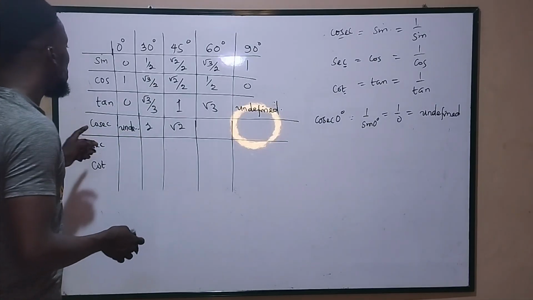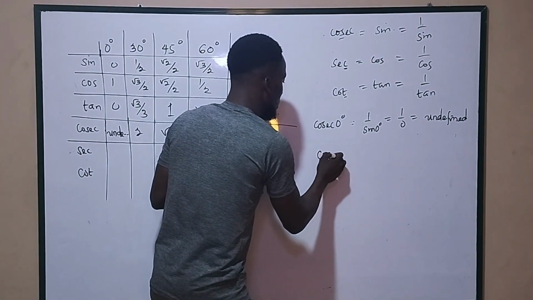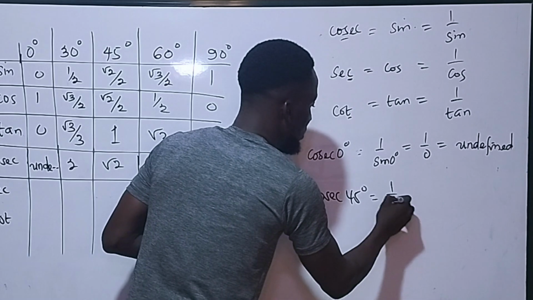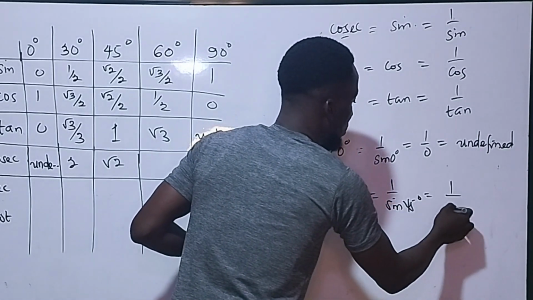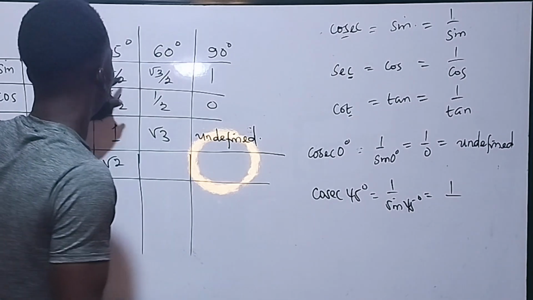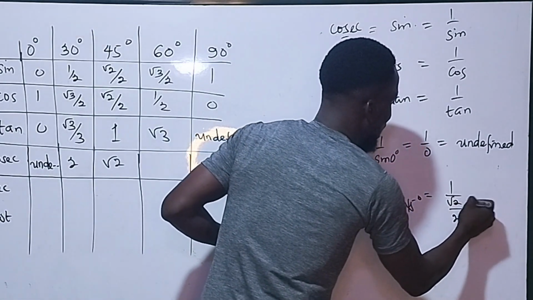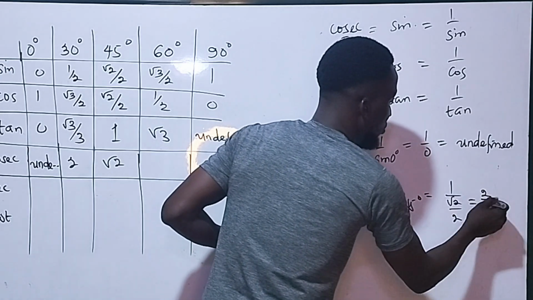So this guy here is 2. We want to treat cosec 45 degrees. Cosec 45 degrees will be 1 over sine 45 degrees, and that will be 1 over root 2 over 2. This will multiply this, so you have 2 over root 2.